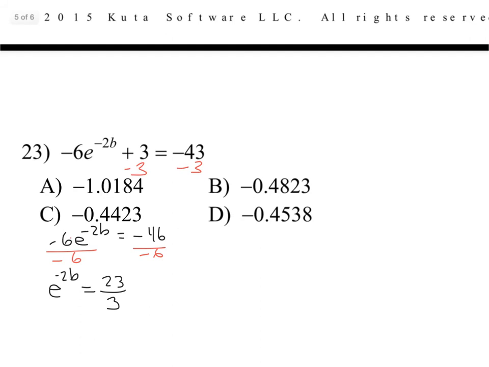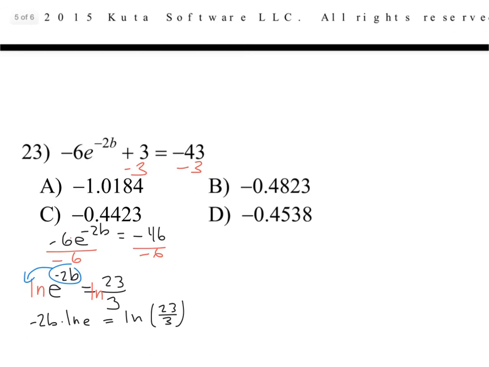Then I want to take the natural log of both sides, that way I can get my exponent down. So I'm going to use my power property to rewrite that. So I really have negative 2b times natural log of e equals natural log of 23 over 3.